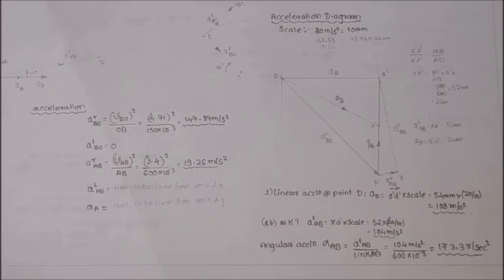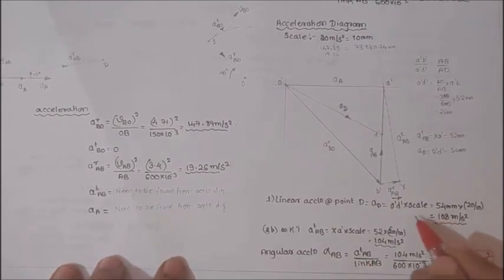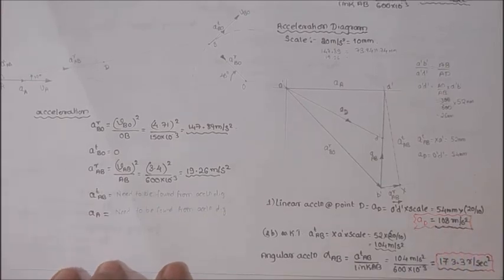So the need for our problem was to find the acceleration, angular acceleration of the connecting rod AB, and one more, acceleration of point D on the connecting rod, which is midpoint, that we had to find out.